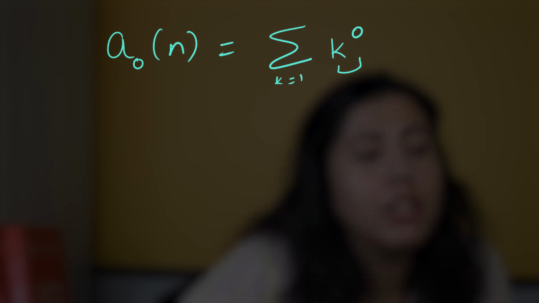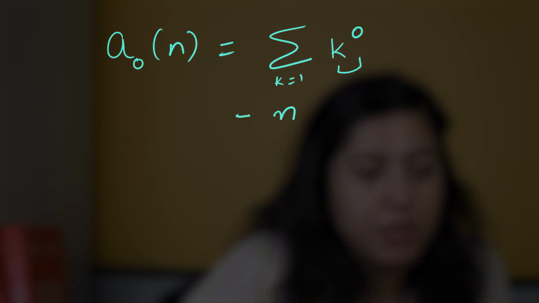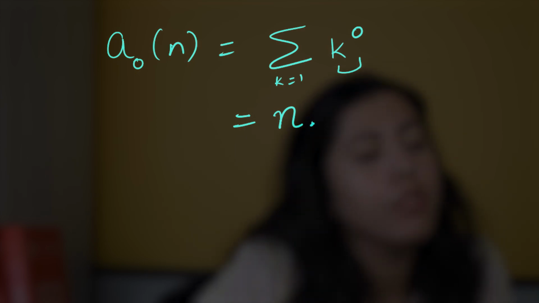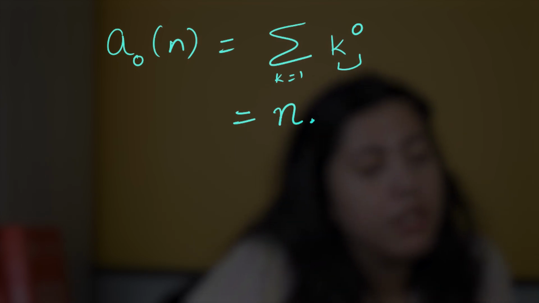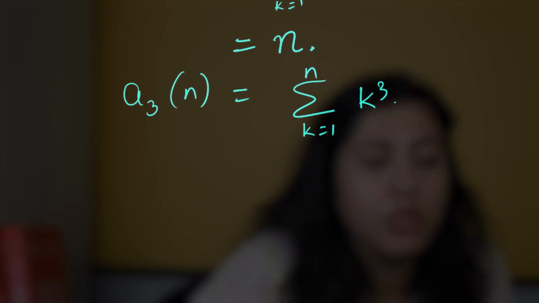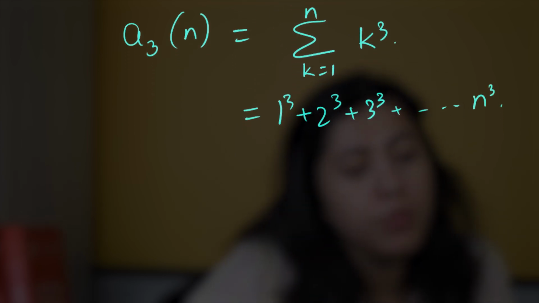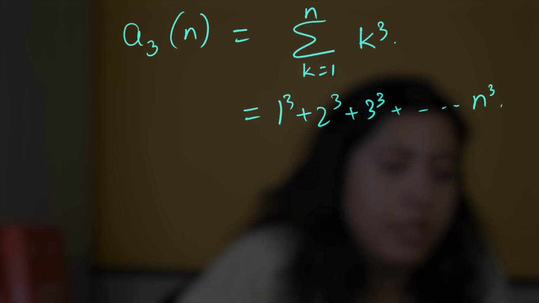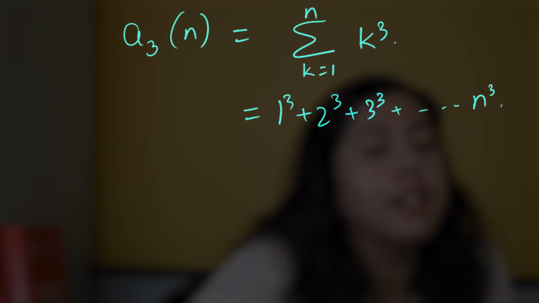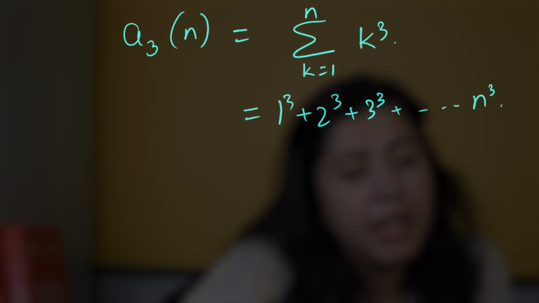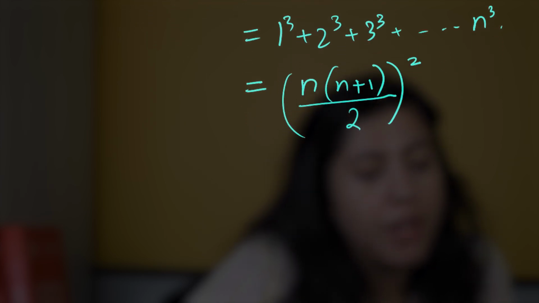So that is the sum of 1 repeated n times, so that is just n. a3 of n is equal to the sum of cubes, that is 1 cube plus 2 cube plus 3 cube plus so on till n cube, and that is given by n into n plus 1 divided by 2, whole squared.